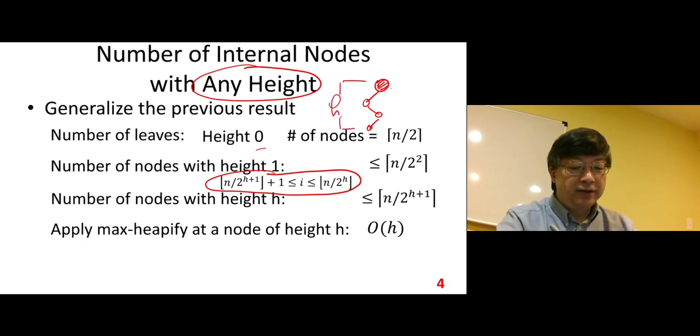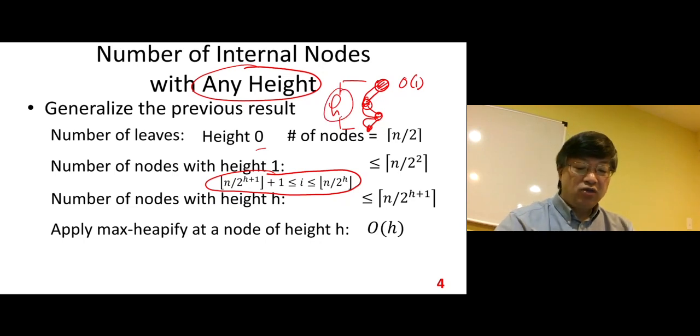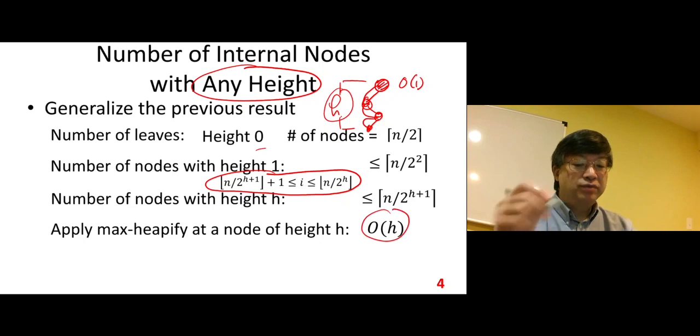When we do max heapify, we move down, heapify down until we reach a leaf. So that's how many steps you go. Each step is a big O of 1 operation, but you go h steps. That's why you get big O of h.